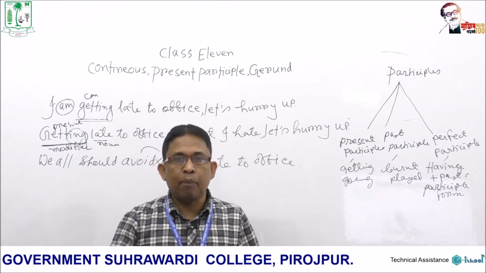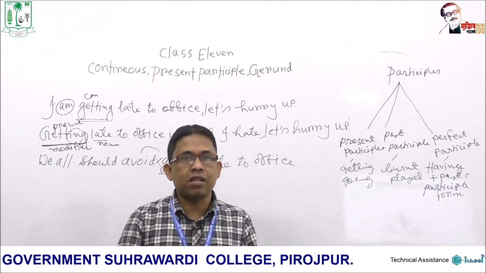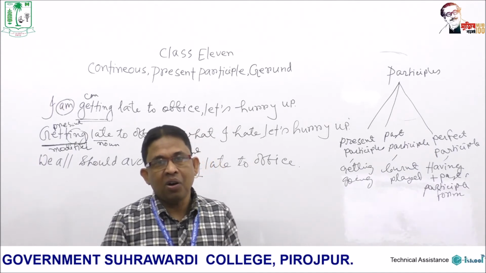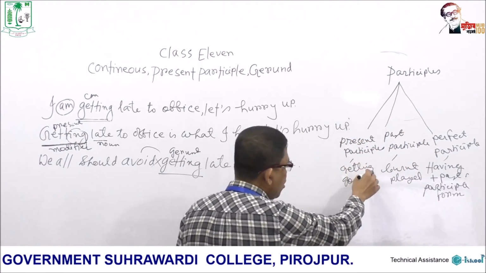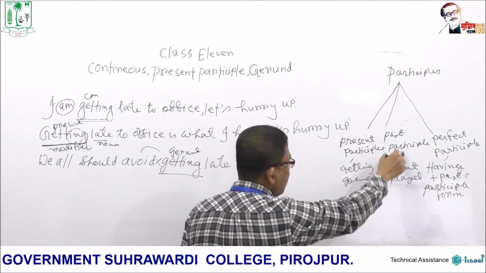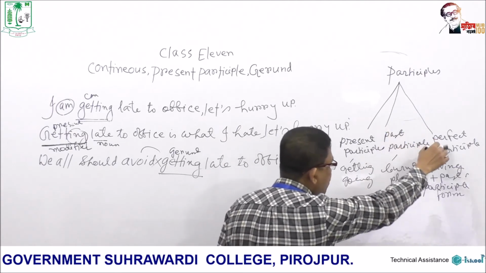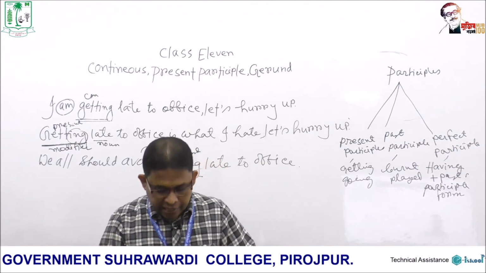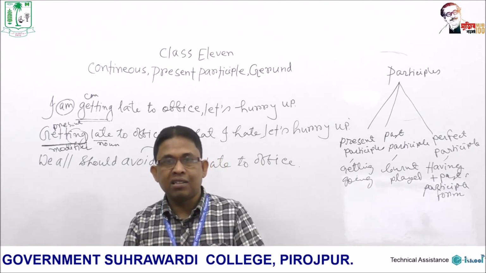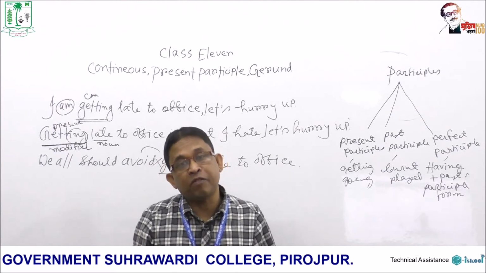For example, having learnt the death news of her father, she burst out into tears. So, present participle takes ing, past participle is, for example, burnt, played, etc., and perfect participle is having plus the past participle form of main verbs. That is, when you put having before the past participle form of main verbs, it becomes a perfect participle.